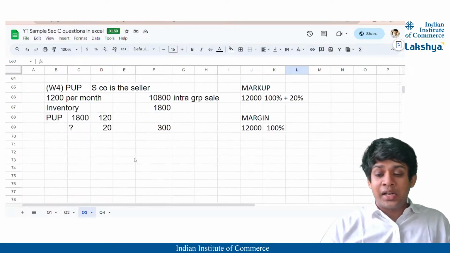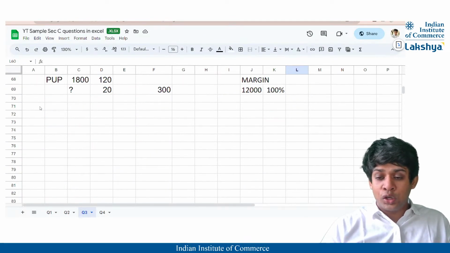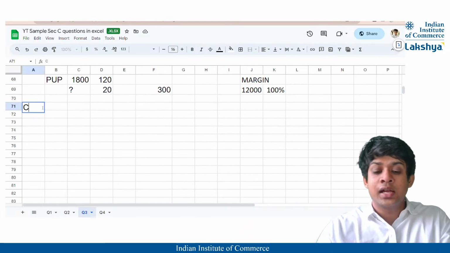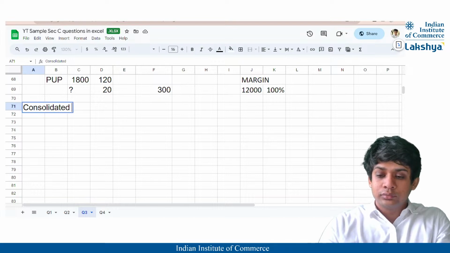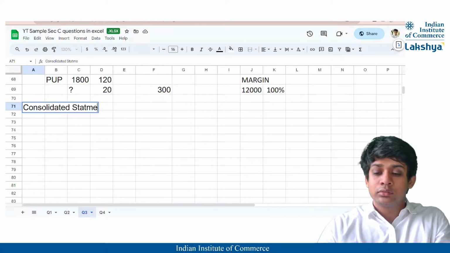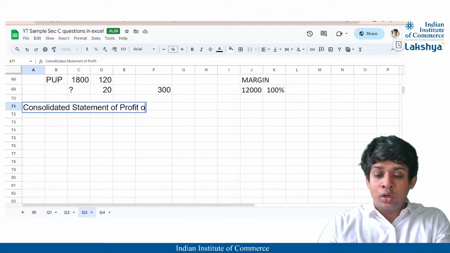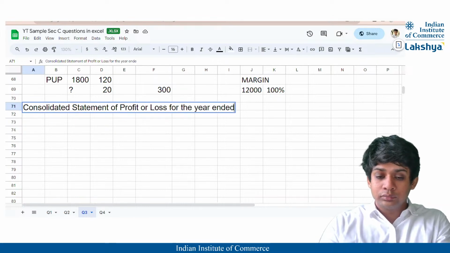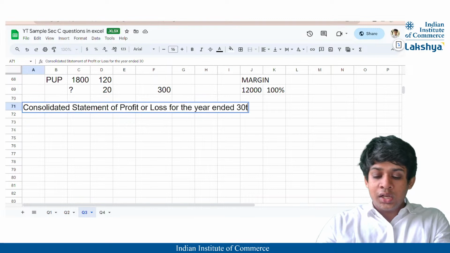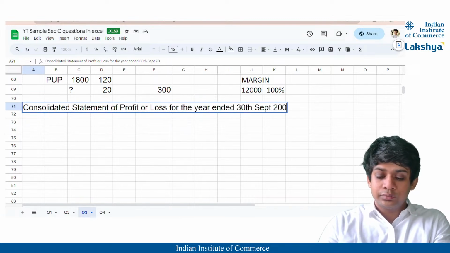While starting off with the preparation of the statement of profit or loss, the thing you're supposed to mention as the head is: consolidated statement of profit or loss for the year ended 30th September 2006.